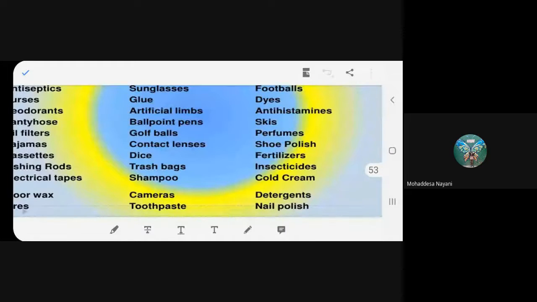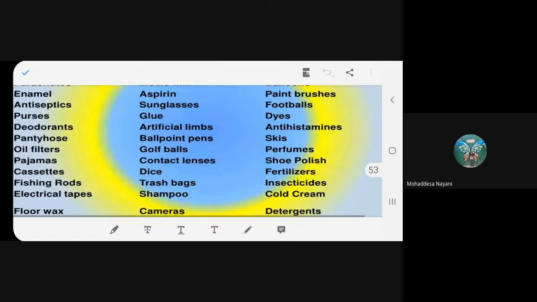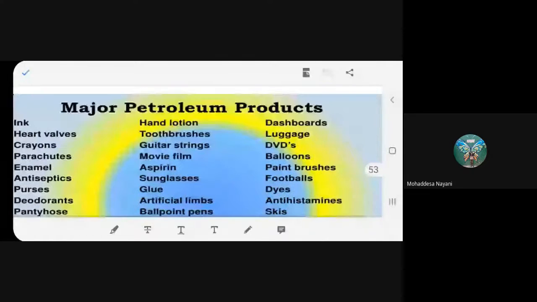Can you imagine? So many things we are preparing from petroleum, right, beta? From ink to medicines, to toothbrushes, to musical instruments, to sunglasses, dyes, sports articles, writing articles, movies, luggages, your DVDs also.